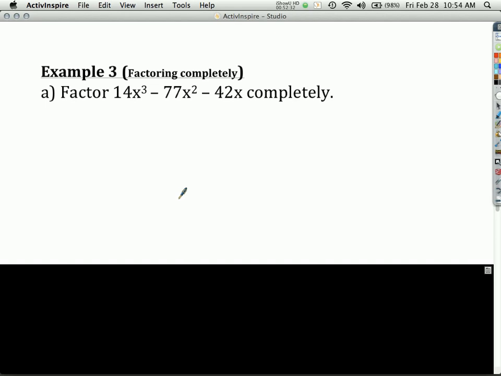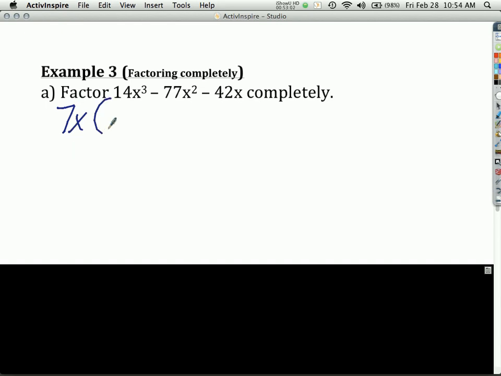Okay, put your thumbs down. Matthew, what do you think the common factor is? 7. Okay, so there is a 7 in common between 14, 77, and 42. Anything else? A greater common factor or anything else? Ziamar? There's also 1x in common between all of them, so the common factor between all of them is 7x.